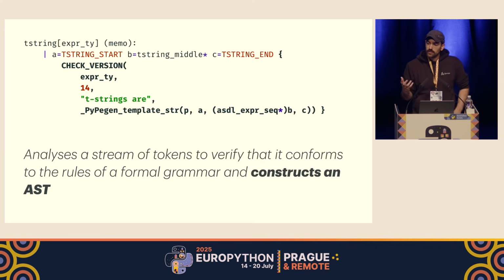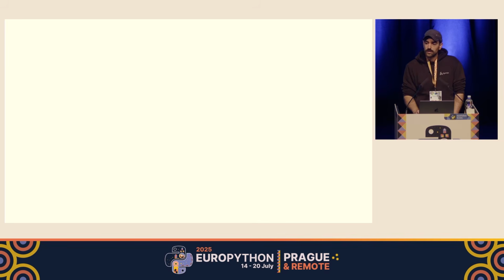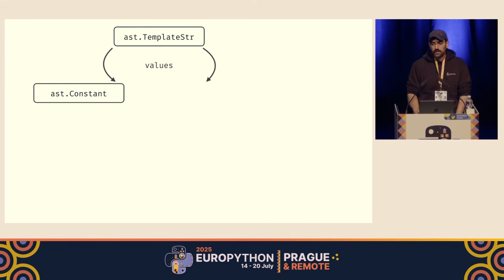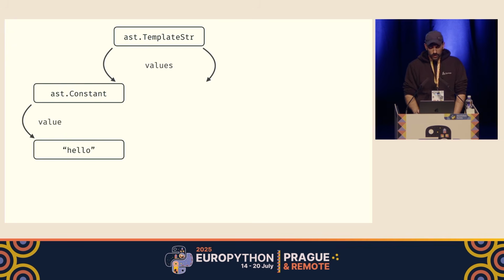And this is the function that constructs the AST. I told you before that there is AST construction to be made, so let's see what the parser does. It creates a template string node. It has two values. It has one constant that has the hello value. Remember that our t-string was hello and then in braces value.